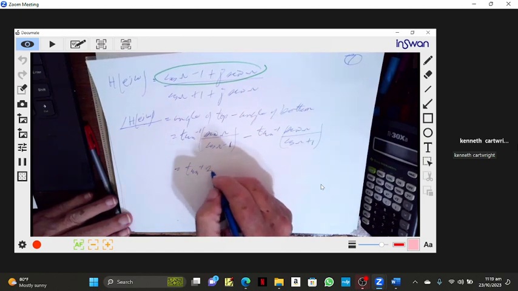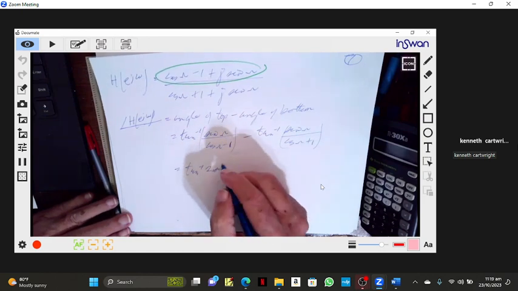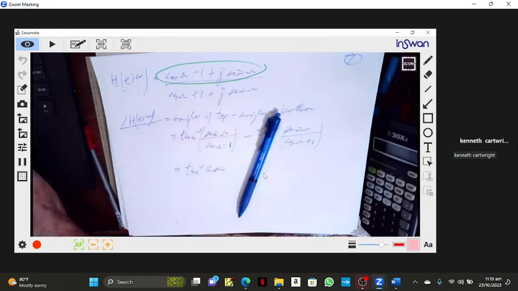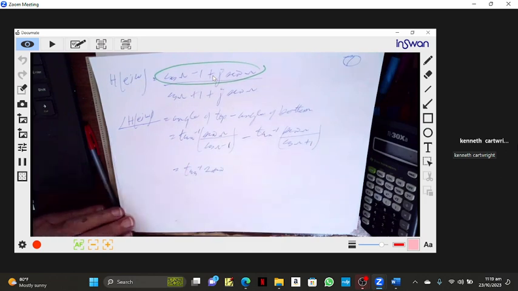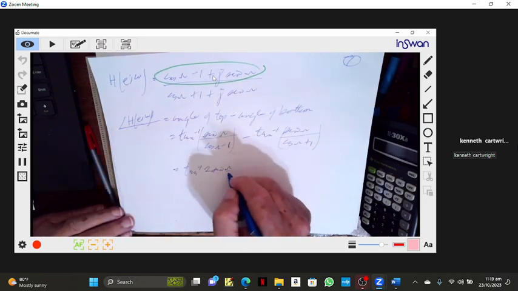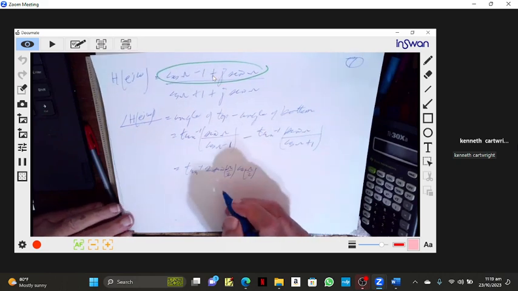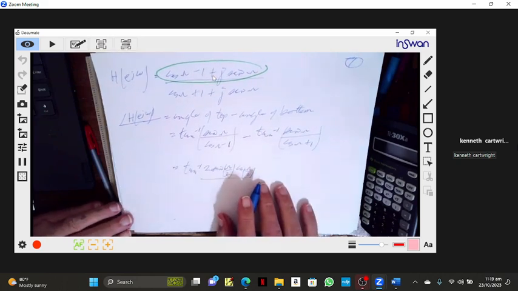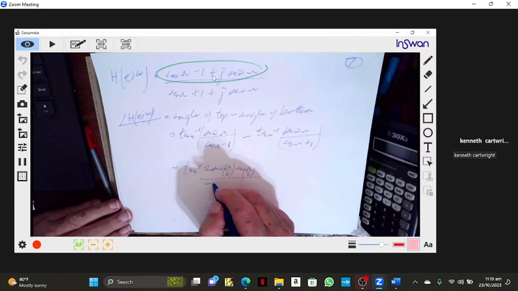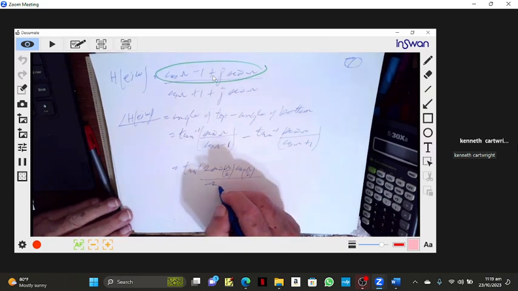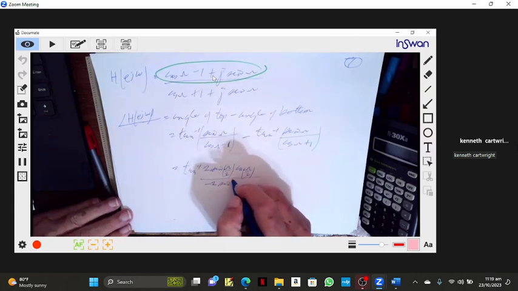Sine omega is in fact 2 sine omega over 2, cosine omega over 2. And the bottom is negative 2 sine squared omega over 2.